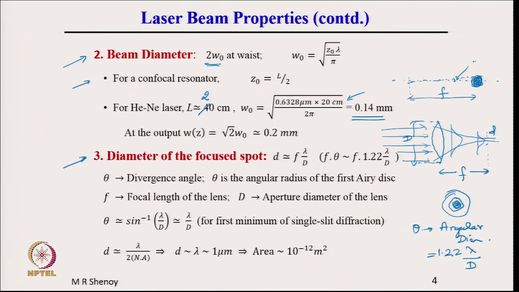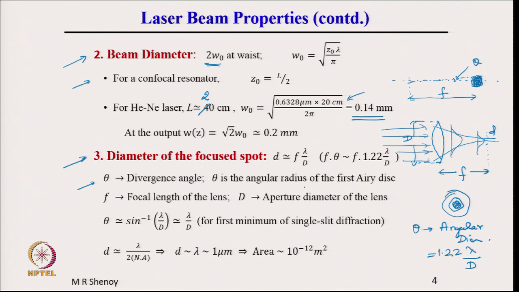Therefore, f into theta gives us the diameter of the spot, because theta, the divergence angle, is 1.22 lambda by d, and therefore, d is of the order of f into lambda by d. Theta is actually the angular radius of the first Airy disc.